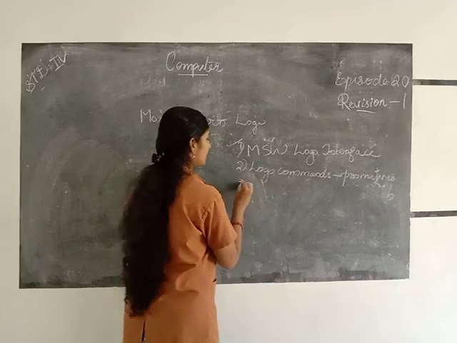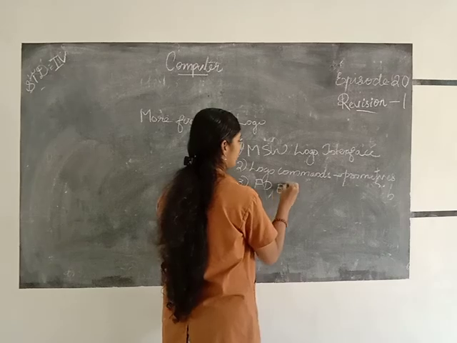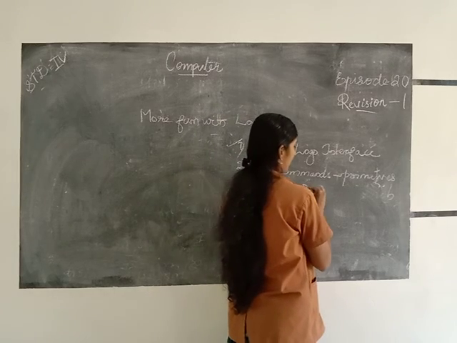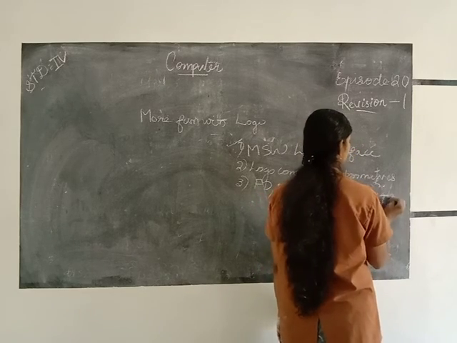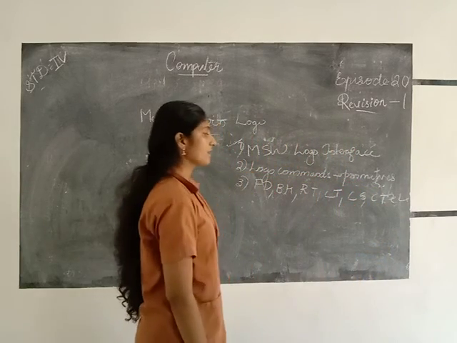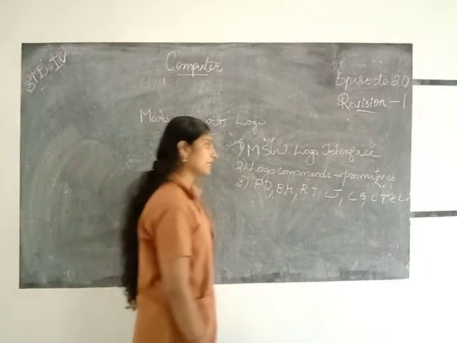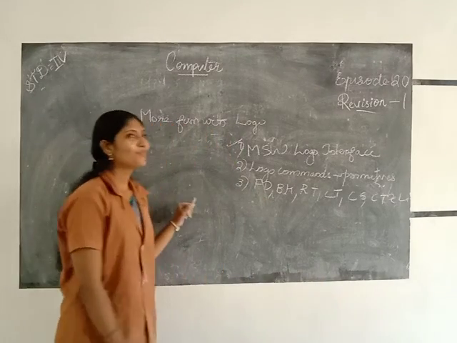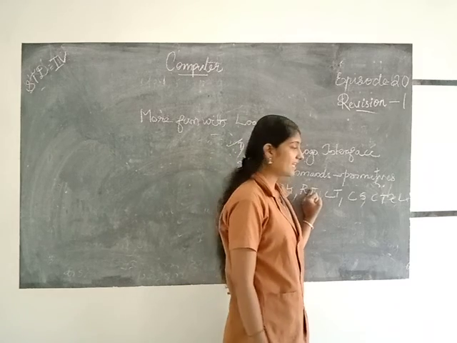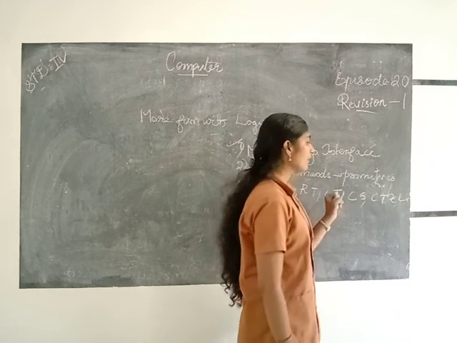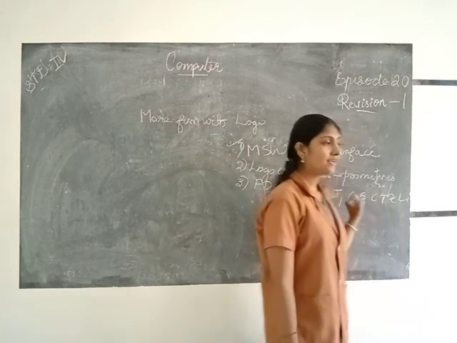The commands are FD, BK, RT, LT, CS, CT, etc. FD means forward, BK back, RT right, LT left, CS means clear screen, CT means clear text.